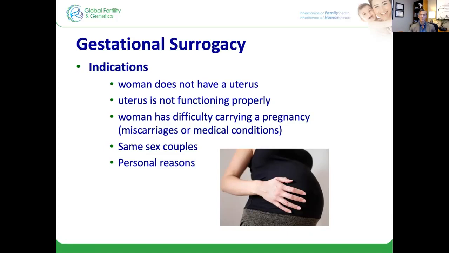Same-sex couples, if we have a male gay couple, we will not have a uterus available in this family, so we will need a surrogate to carry the baby. And some patients use surrogacy because of personal reasons, not wanting or not able to carry a pregnancy.